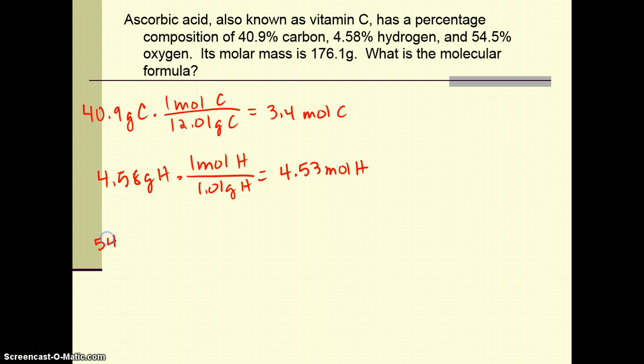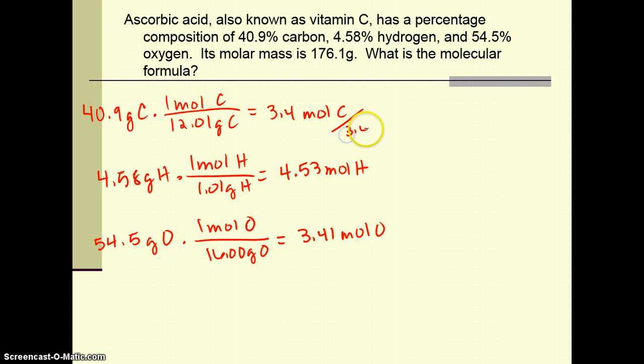And then 54.5 grams of oxygen times 1 mole of oxygen over 16.00 grams of oxygen equals 3.41 moles of oxygen. Divide by that 3.4, divide by that 3.4, that 3.4. So this equals 1, this equals 1, and this equals 1.33.